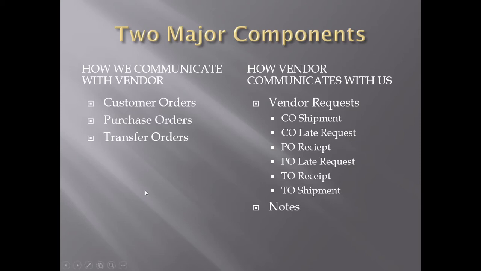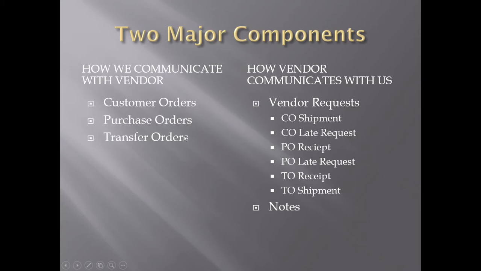Each one of these categories has a specific meaning within the context of how we're communicating with the vendor. A customer order will have a corresponding CO shipment or CO late request, to respond from the vendor to us on what's going on with what we communicated initially to the vendor, i.e. the customer order. We communicate a customer order, they respond with a vendor request. We create a purchase order, and they respond with a PO vendor request, PO receipt or PO late request.